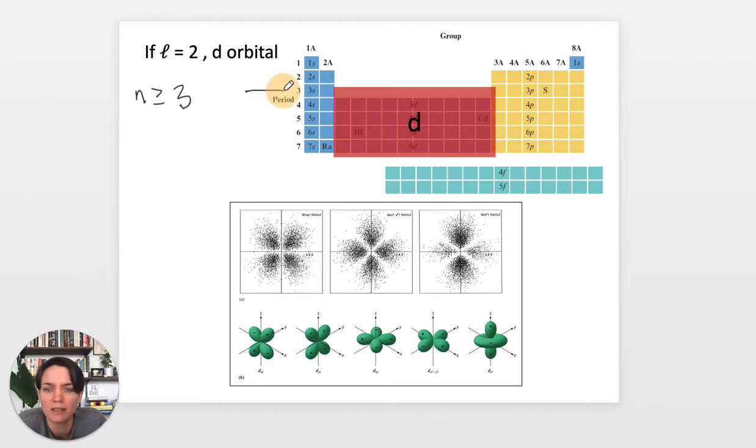What that really means is we're talking about elements that are in row 3 or higher of our periodic table. All right, and this is the shape of our lobes for a d orbital. They're more complex. Really interesting. I love these probability maps. And this one looks like a pacifier. I don't know why, but it does.